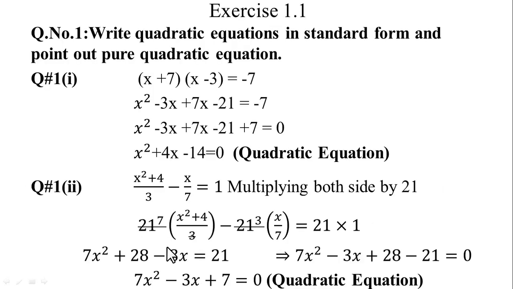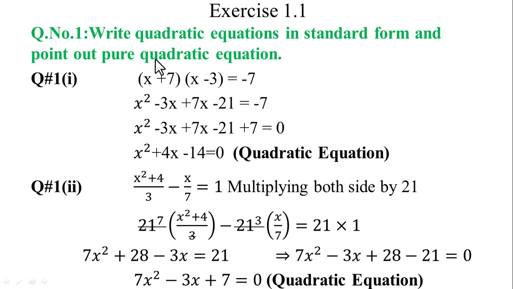Now we will start today's lesson, exercise 1.1, question number 1. In question number 1, write the quadratic equation in standard form and point out the quadratic equation or pure quadratic equation.